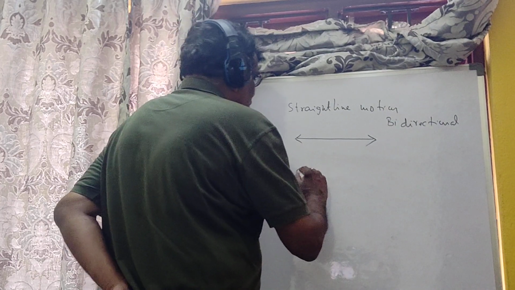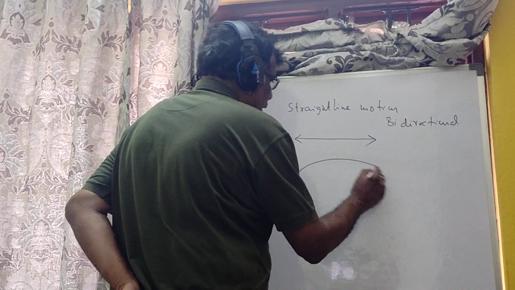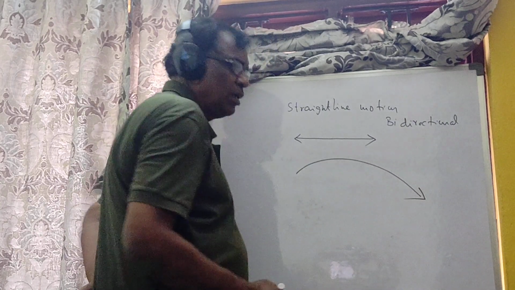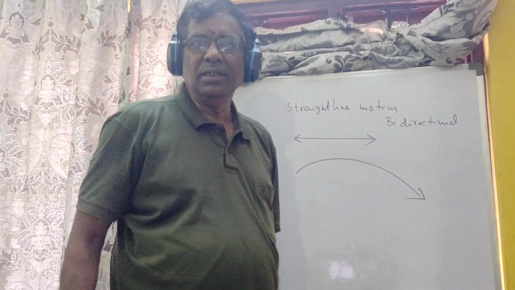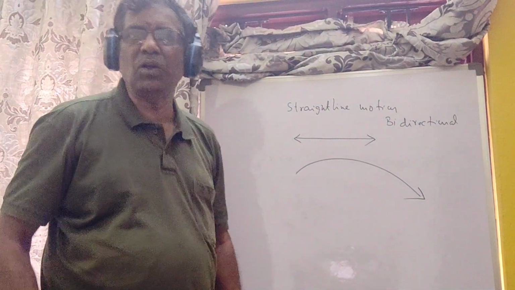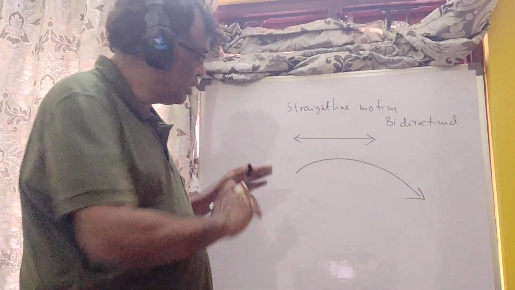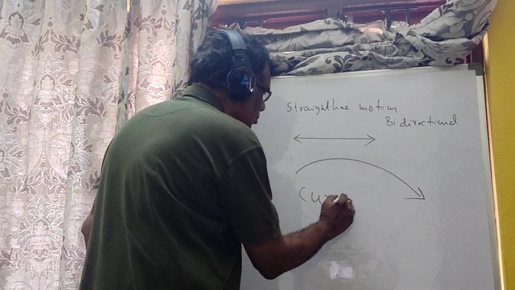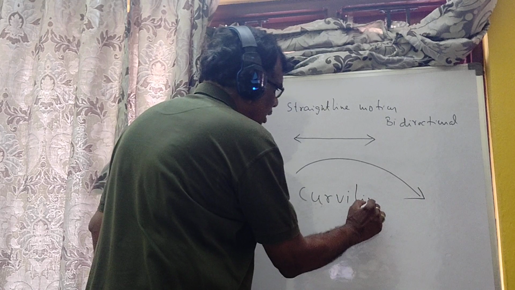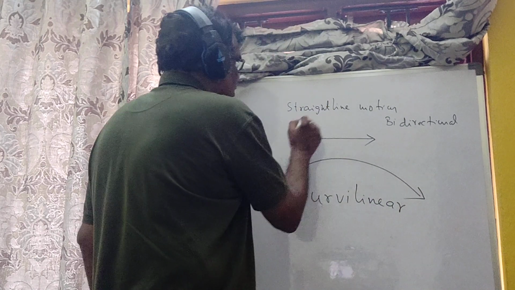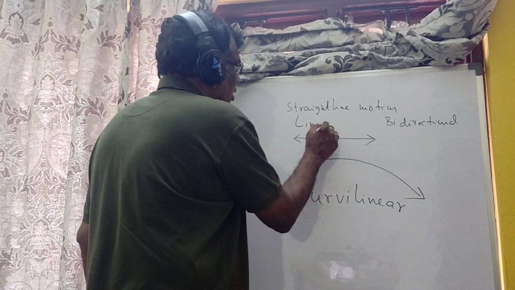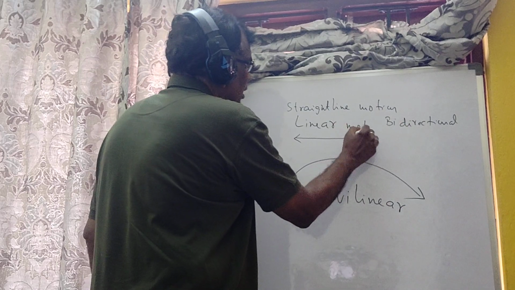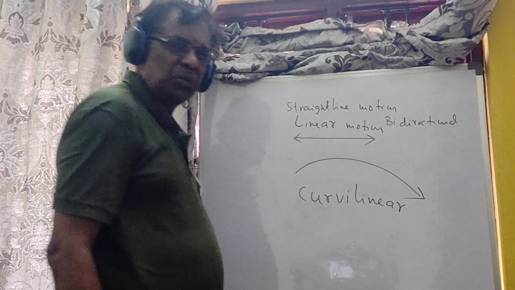Next is 2D motion. 2D motion is in a plane. So, this has got to be a curvilinear motion. Incidentally, you may call this linear motion also.